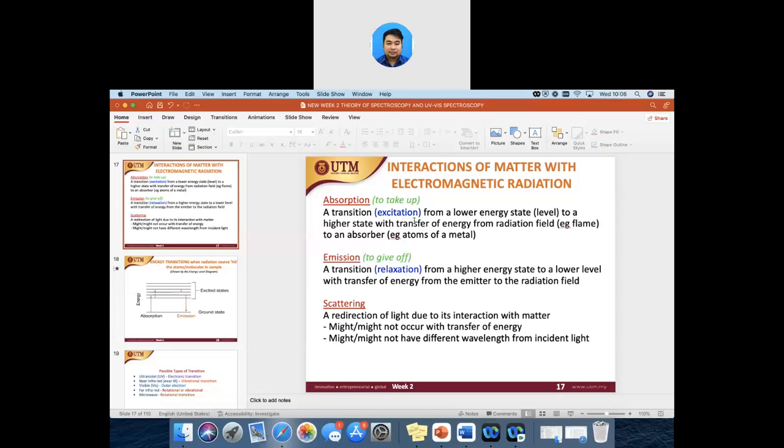But now, as I absorb the radiation, I absorb all the radiation inside me. Now I become excited. So I am at the next energy level. So that's why we say here, absorption is the transition or excitation from a lower energy level to a higher energy level because I absorb the electromagnetic radiation.